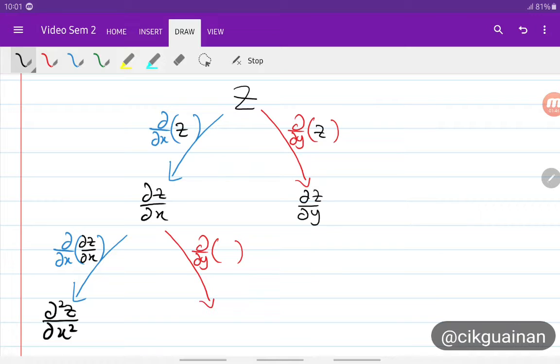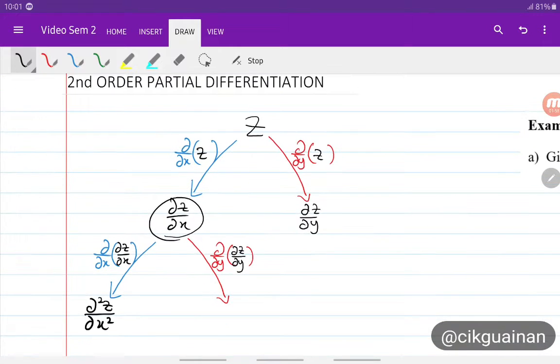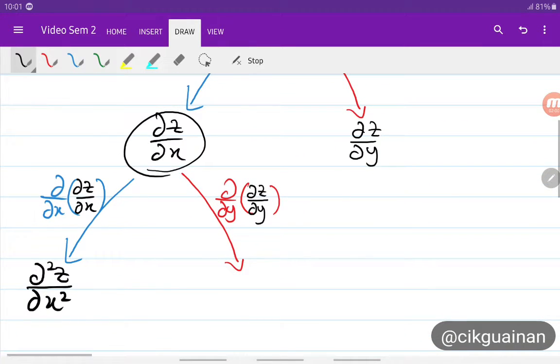And we do the same process for ∂z/∂x, but this time we differentiate it with respect to y. So what we get is ∂²z/∂y∂x.